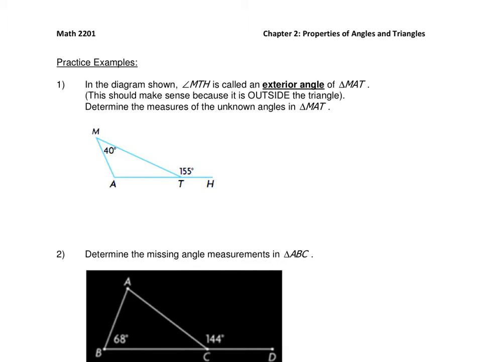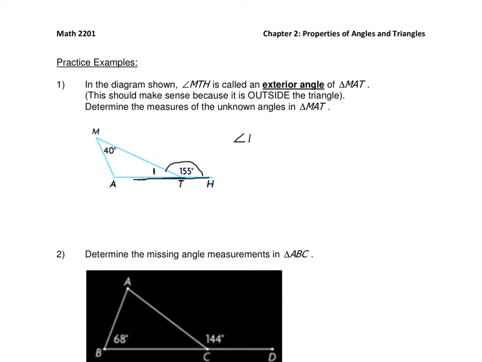In the diagram shown, angle MTH is called an exterior angle of triangle MAT. This should make sense because it's outside the triangle. Determine the measures of the unknown angles in triangle MAT. So if this is 155 out here, then we know that this angle here is on a straight line. I'm just going to put the number 1 there rather than using 3 letters.